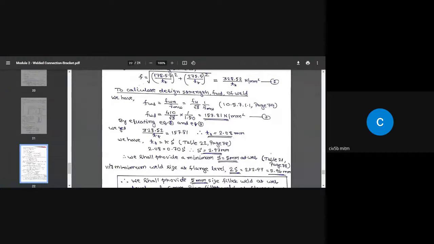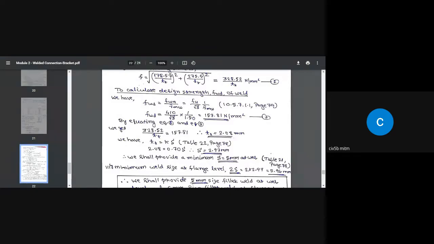Okay. Then if that is the case, what is the size of the weld? TT equal to KS. So therefore S equal to 2.97 millimeter. That is the weld size you can provide in the vertical weld, and 2S, that is 6 millimeter, is the weld size we are going to give in the horizontal portion of the weld.